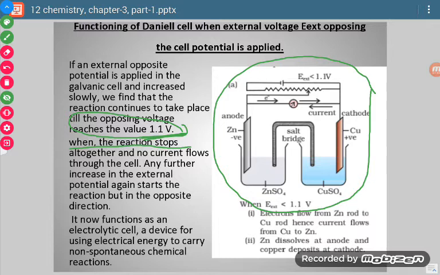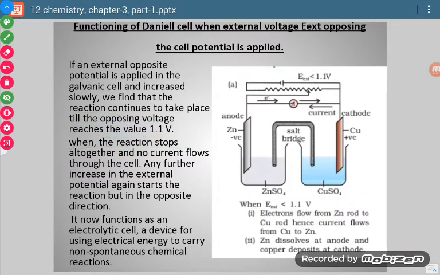Okay. Now what all things happen when the external potential is less than cell potential? We can say for this whole cell potential is 1.1 volt. So if external potential is less than cell potential, then normal procedure, whatever we have done, that goes on. Now what is the normal procedure?